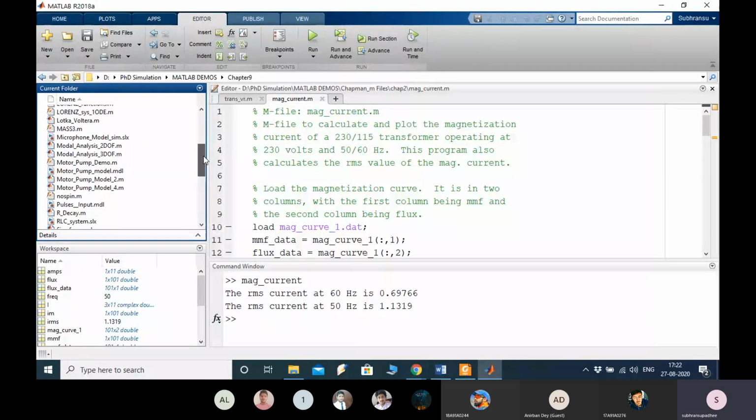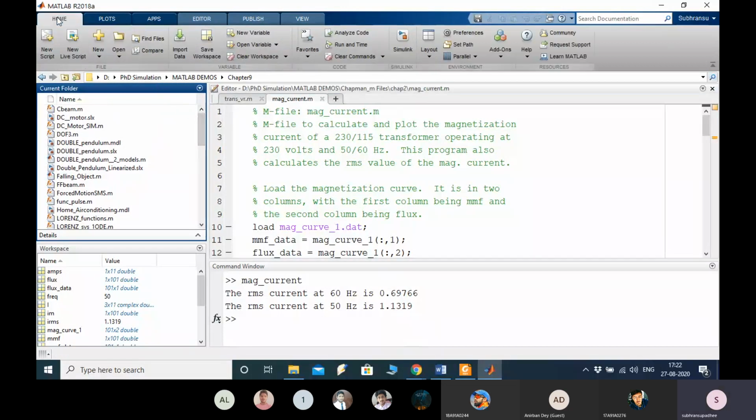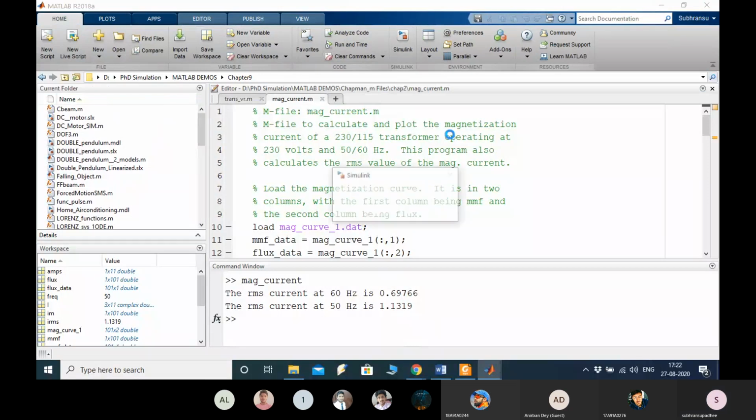Then we will go for a simple power electronics, half wave, full wave, bridge rectifiers, and all this stuff.